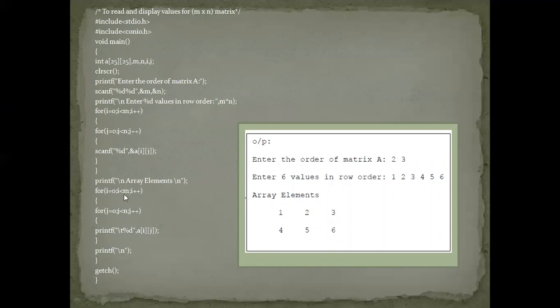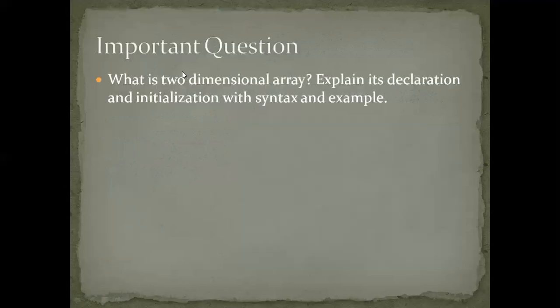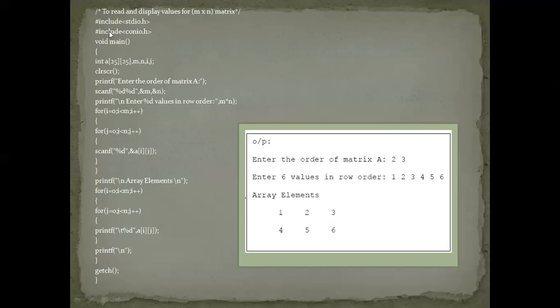It looks a bit complex, but the thing is that it is a very simple and easy program. In this program, we read and display values for an m into n matrix. Try to understand this program, because in the examination you can expect one program on this array concept. Either it can be a one-dimensional array or a two-dimensional array.